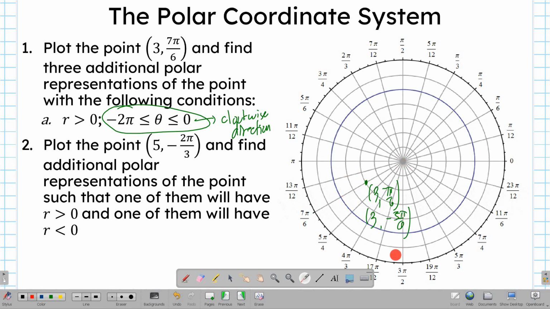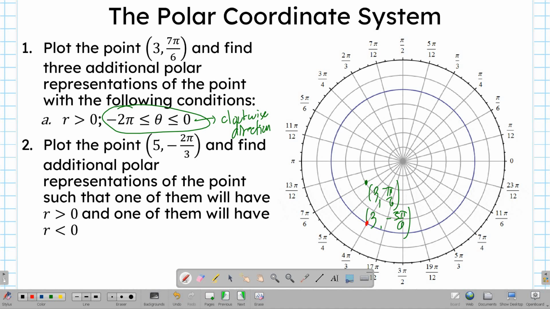It's less than -π/2, but it will not go beyond -π. It's -2π/3, which is somewhere here. Since that's 5, we just need to count from here: 1, 2, 3, 4, 5. There it is. So that one there.